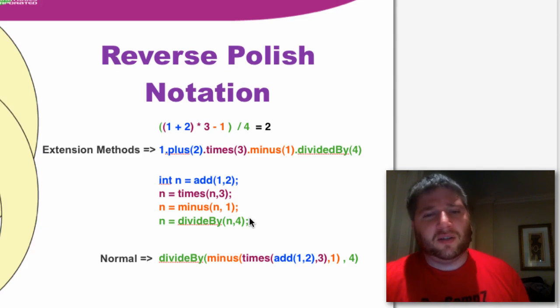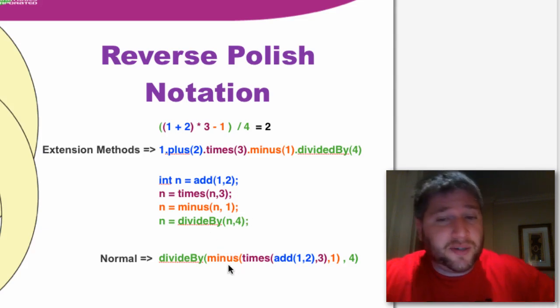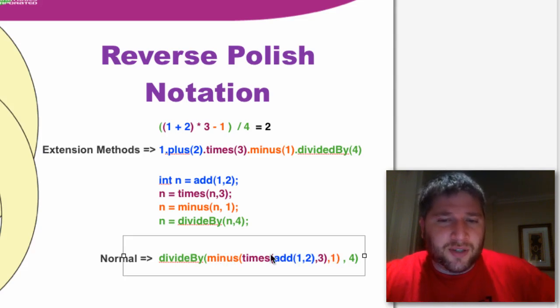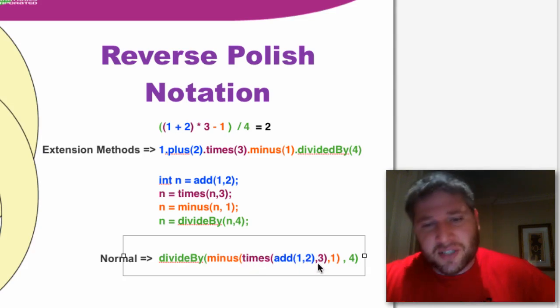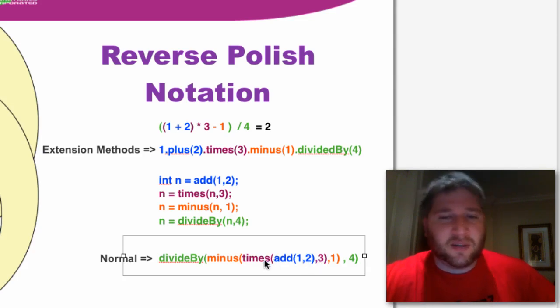But then this might be a little too much space, so you might want to inline all of this, and this is where we get to the weirdness. So here we have now divide by the result of minusing the result of timesing the result of adding 1 and 2, and then that result is now being times by 3, and then minus 1, and then 4.